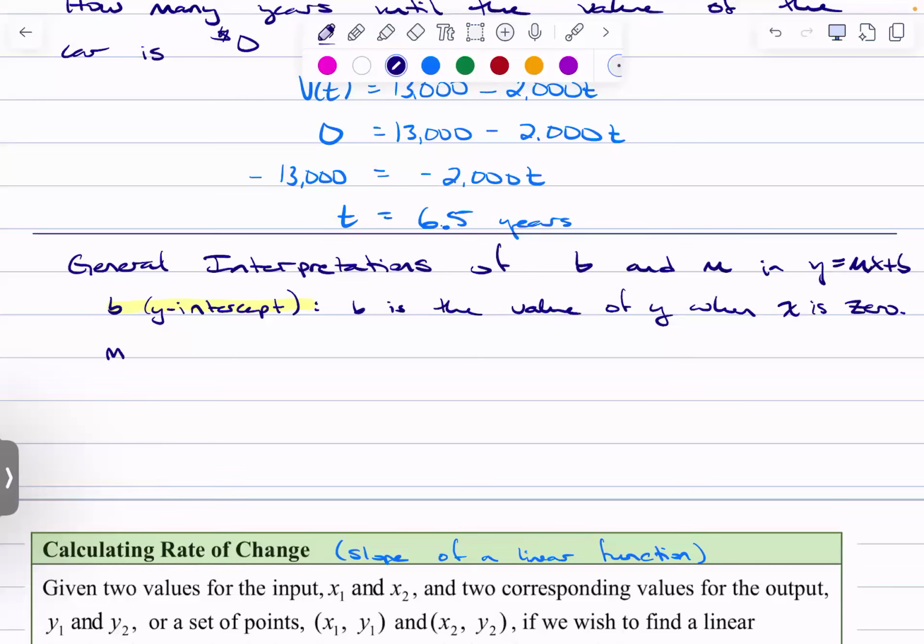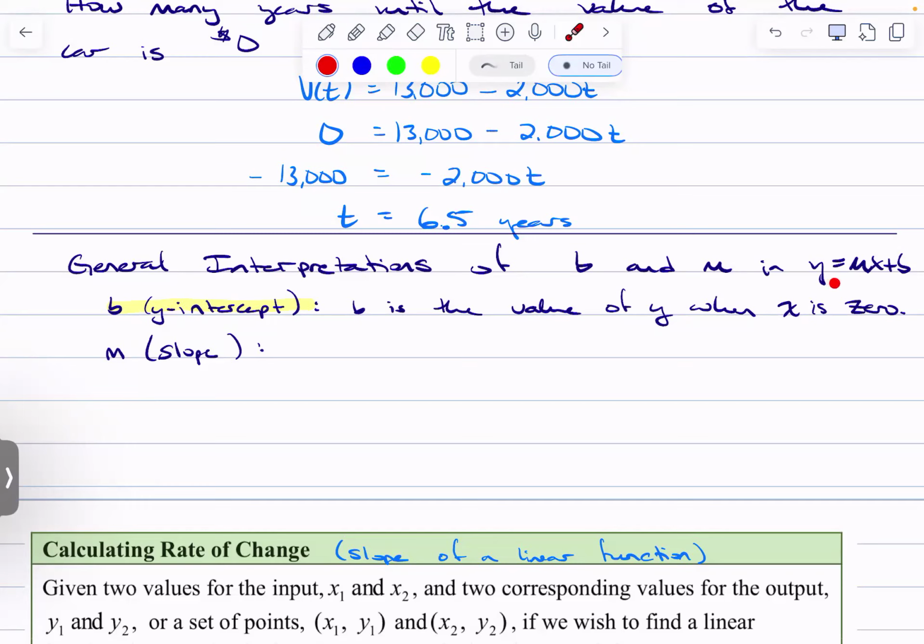And the general interpretation of m, which is your slope, is, okay, your slope is attached to your x, so it will have something to do with your x, right? In fact, it's for each unit increase in x. So for each additional year, for example, then I'm going to see a slope increase, and we use the word increase just generically, right?